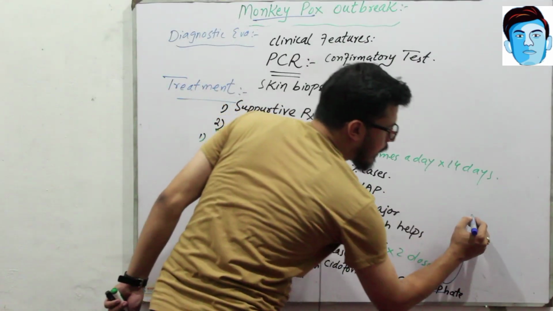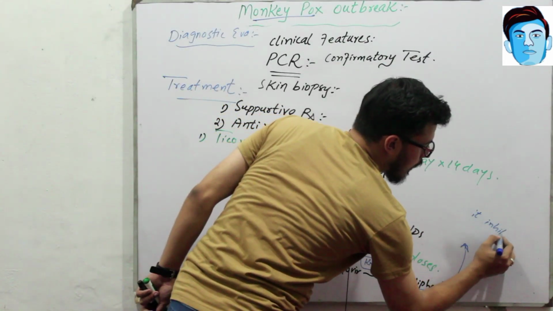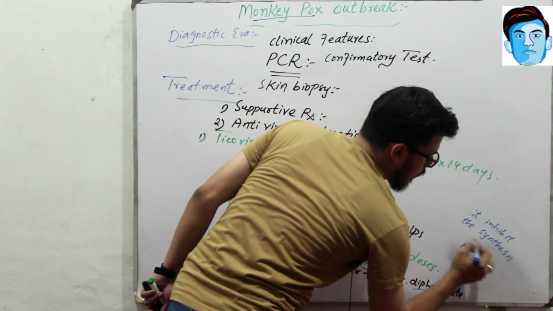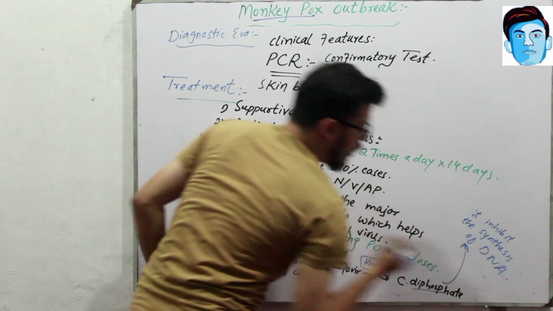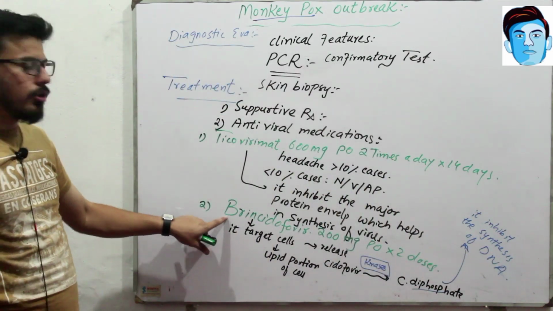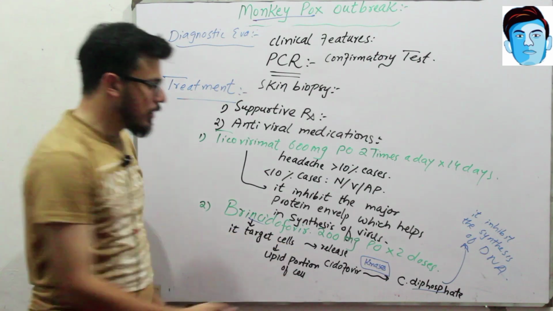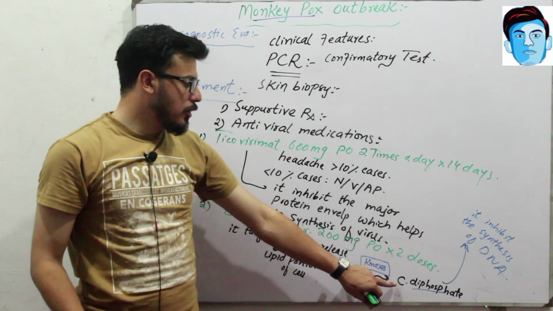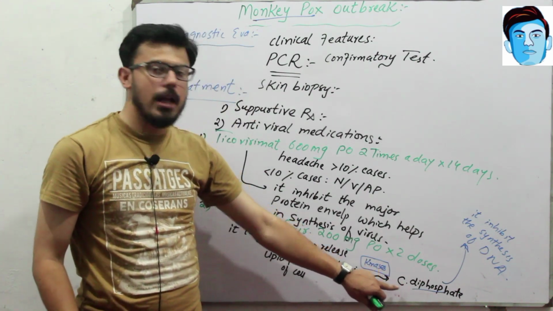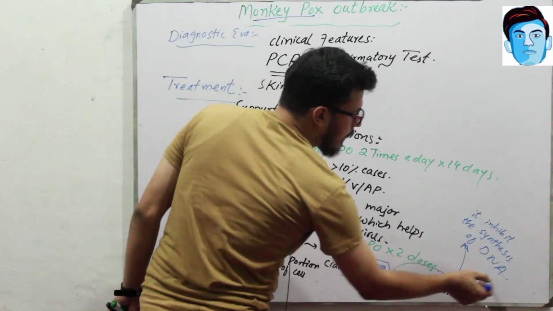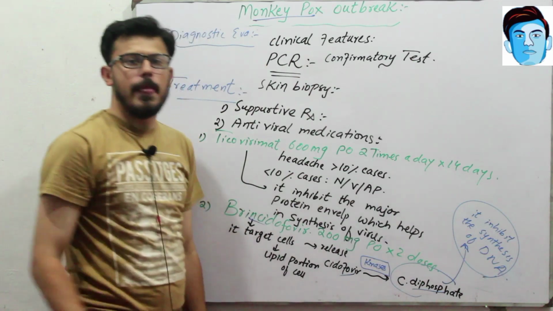So ultimately, it inhibits the synthesis of DNA. The major function of cidofovir diphosphate is the inhibition of DNA synthesis.